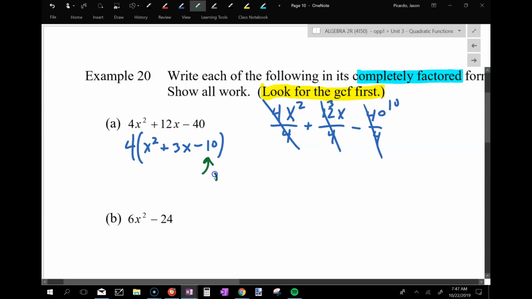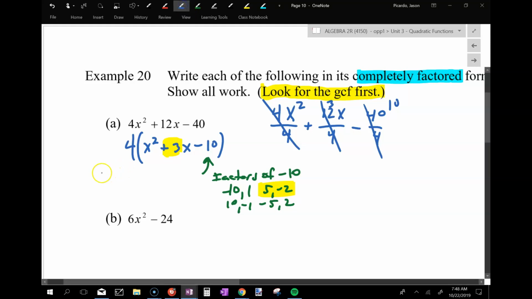So the factors of negative 10, if you have to list them out: negative 10 and 1, 10 and negative 1, 5 and negative 2, negative 5 and positive 2, and the ones that add up to be the 3 are those 2, right?